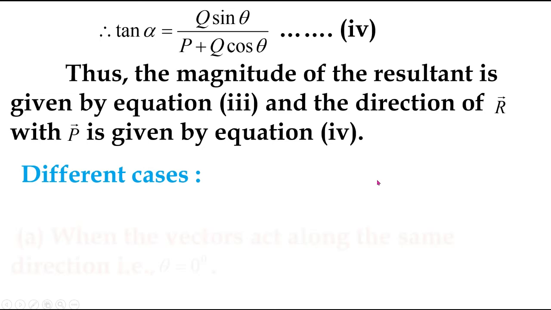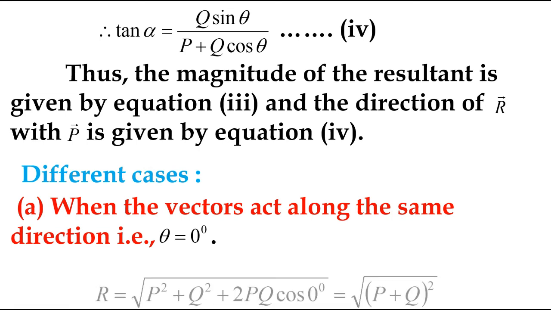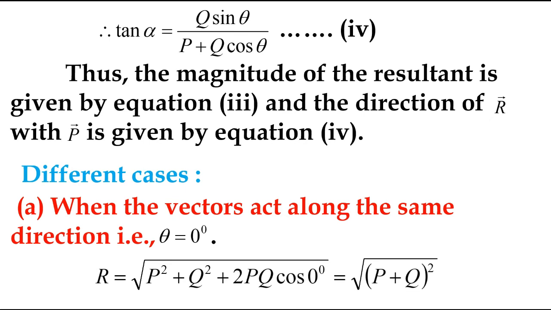Different cases. First one, when the vectors act along the same direction. If P bar and Q bar are in the same direction, the angle between them is 0 degrees. So the magnitude of the resultant R is equal to root of P square plus Q square plus 2PQ cos theta. Here theta means 0, and we know that cos 0 is equal to 1.